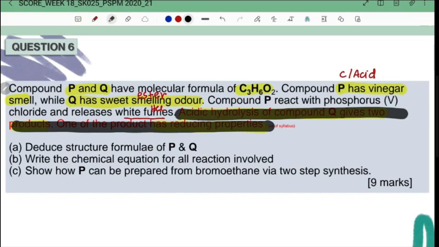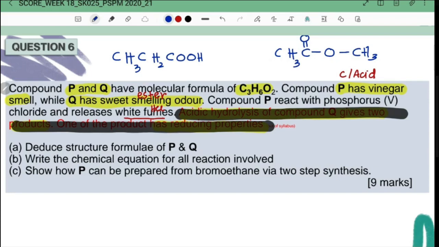Okay, P and Q. For the 3 carbon carboxylic acid, 1, 2, 3, COOH, H2, H3. For ester, you buat dulu C double bond O and then O CH3. Okay, ester. Write the chemical equation for a reaction involved.